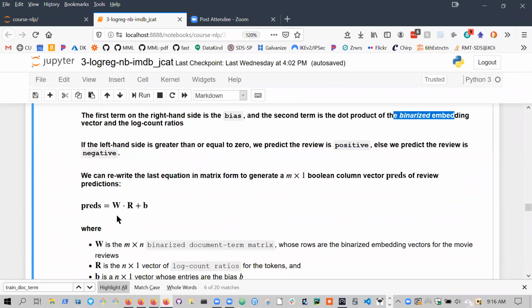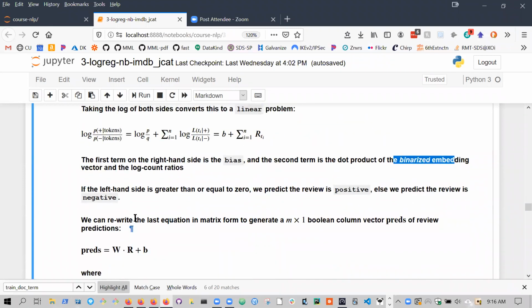So here's the statement. Yes. So what would be the binarized embedding vector? Oh, okay, fine. I'm glad you asked that question. So remember, the embedding vector is a vector that has an entry for each token in your vocabulary, and that entry tells you the number of times the word gets used.